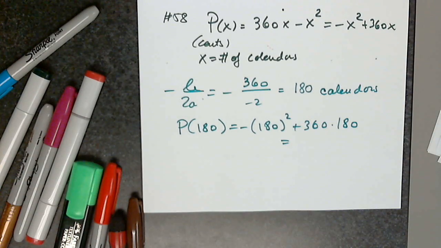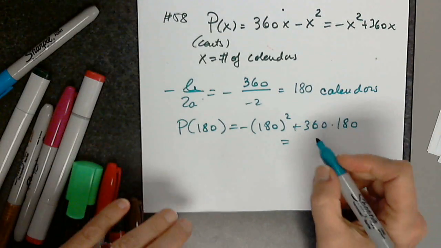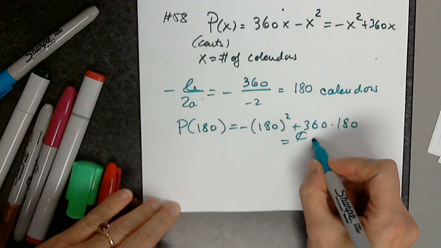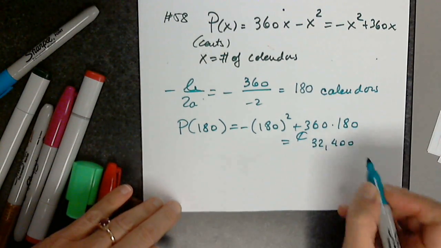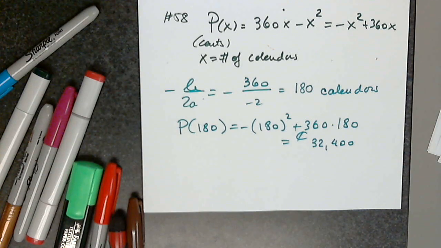So I have negative 180 squared and plus 360 times 180. And I got 32,400 cents. Or if you want, $324. Does it make sense? It's only because the function was quadratic. Okay.